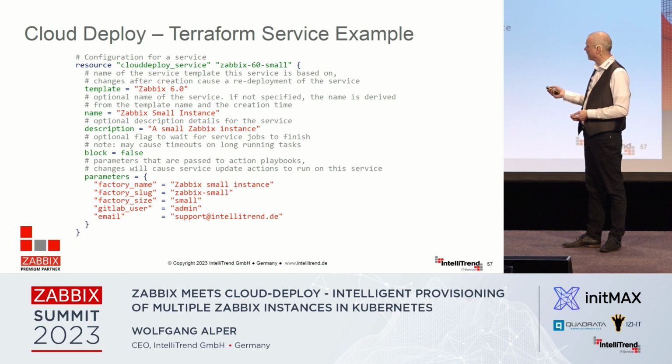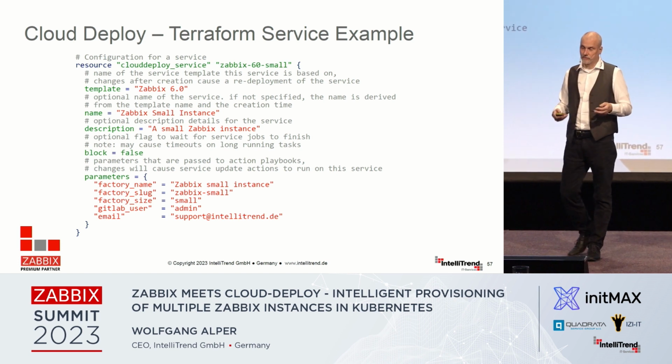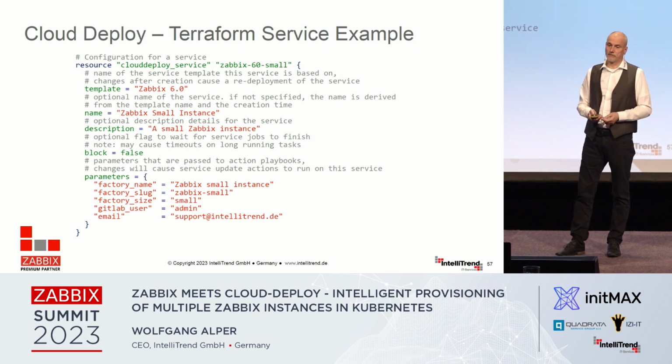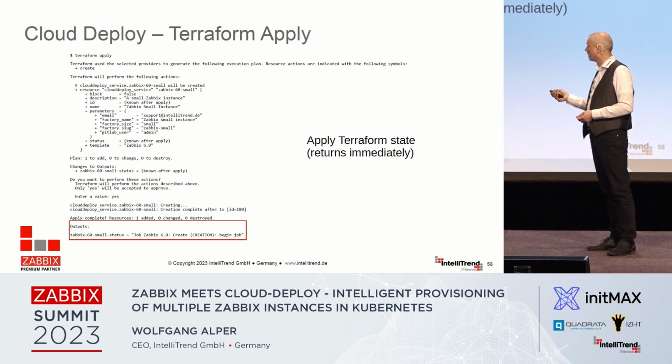You select a template, you define a name, optionally you can have a description, and then you have some meta info, like, for example, zabbix small, which is a predefined configuration item to select a proper database. And then you run terraform apply, and it will start the deployment process.